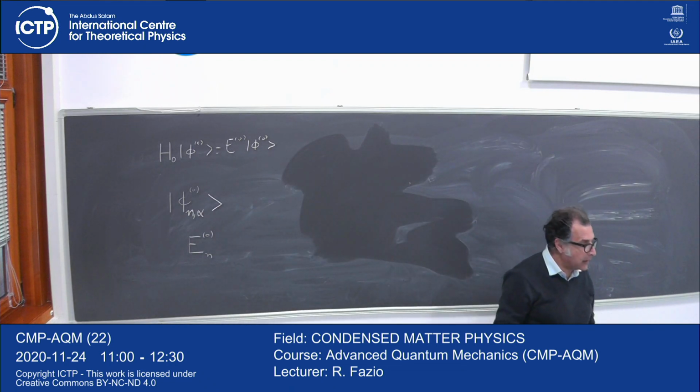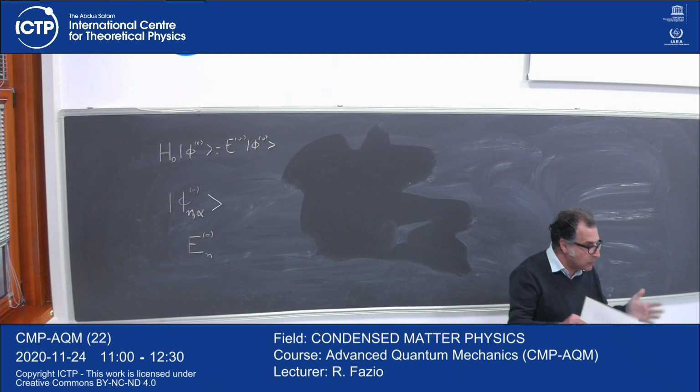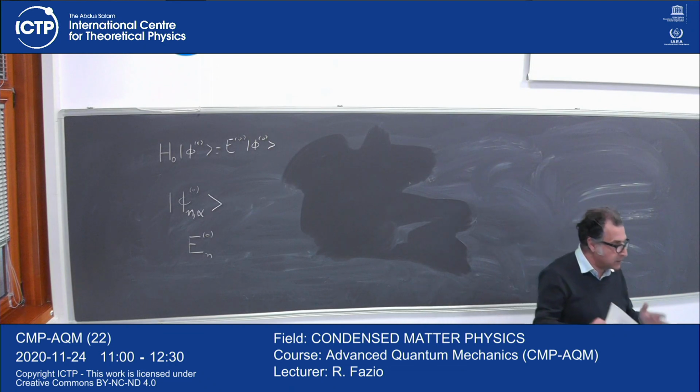Can you give me one example? For instance, if you take the hydrogen atom, the ground state is non-degenerate, the 1s. If you go to n equal 2, you have quantum numbers L and M, which however do not affect the energy, unless you consider other terms like spin-orbit that I will not discuss.